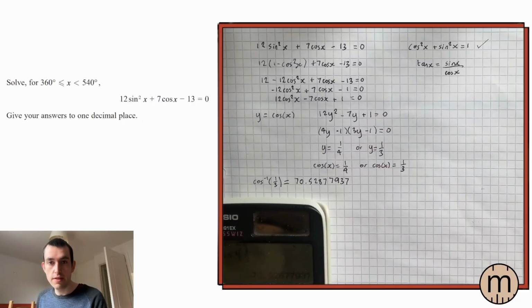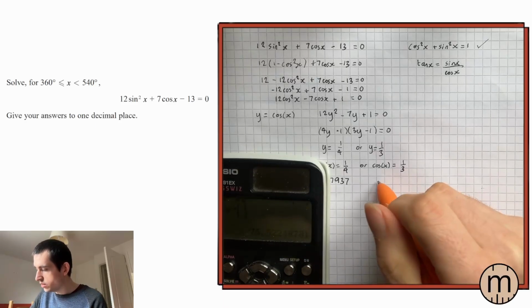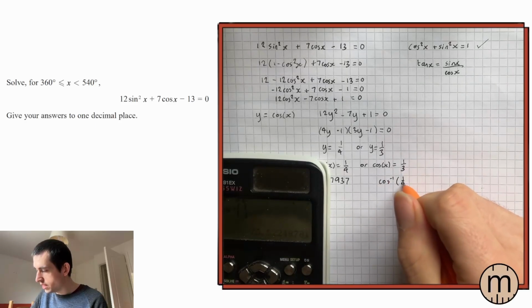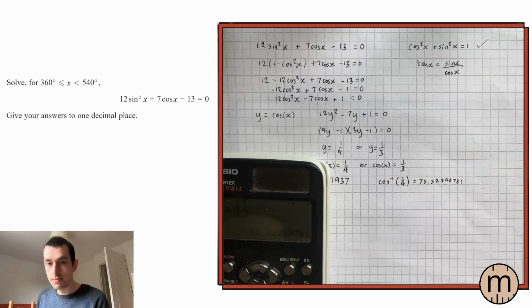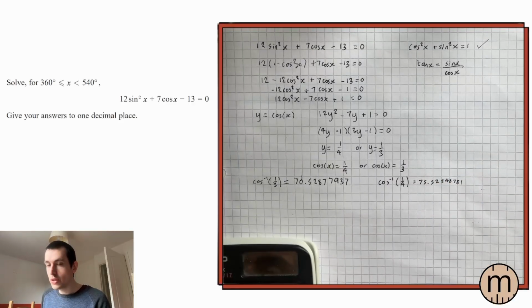I know there are so many of them, but I want to try and be as exact as possible. And then cos to the minus 1 of a quarter is equal to 75.52248781. But those aren't the only answers for this question, and in fact neither of those answers lie in the range up here in the original question.